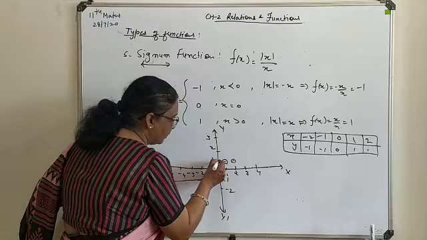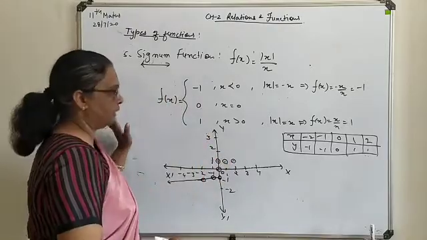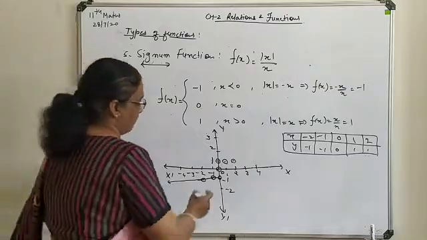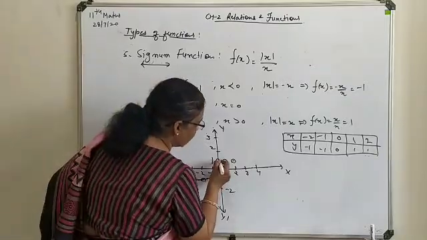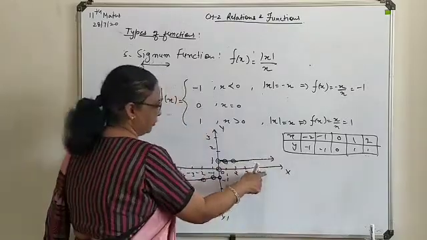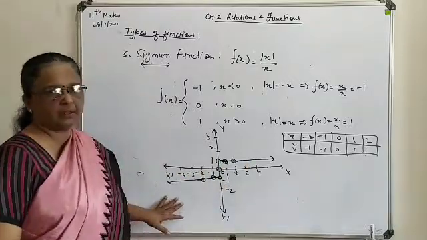So at this one, you will make a hollow circle. In the beginning of the first chapter, I told you what the hollow circle and the dark circle are. Now, touching this hollow circle, make a straight line which will be parallel to your x-axis. So this way, your signum function is to be represented.